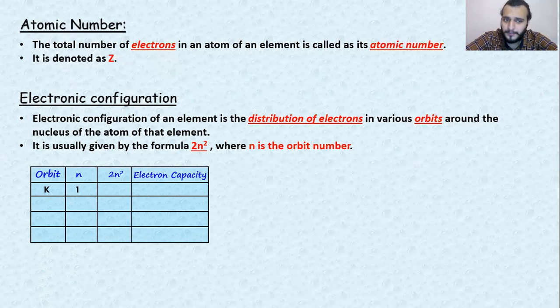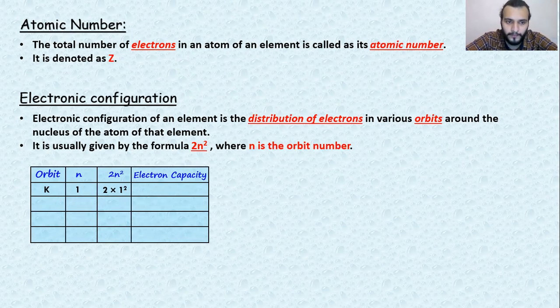If we substitute 1 in the formula 2n square, it becomes 2 into 1 square. Now let us solve this. 1 square is 1 and 2 into 1 is 2. So the capacity of the first shell is 2 electrons. Similarly, let's try the second shell.